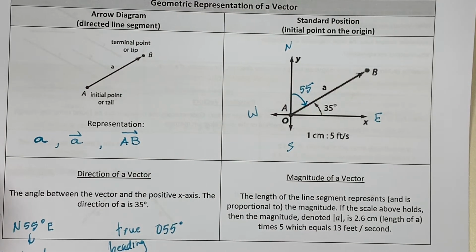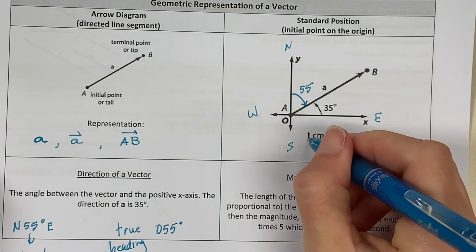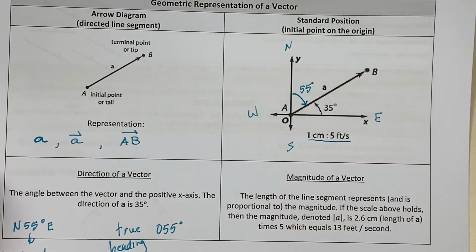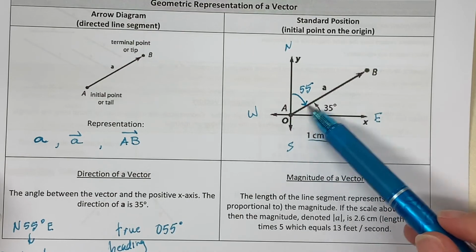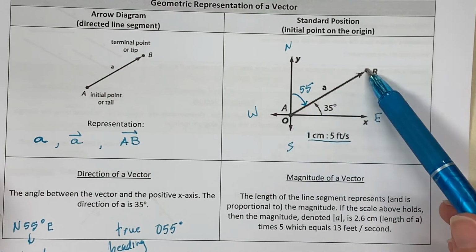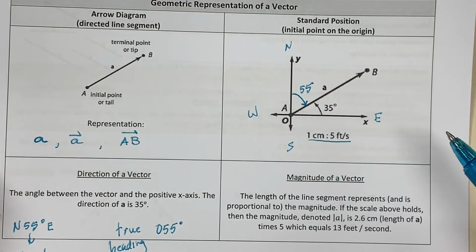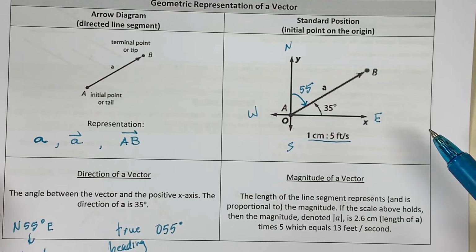Now the magnitude of a vector is the length of a vector. Notice we're given a scale, 1 centimeter is to 5 feet per second. So let's just assume that this actual vector, AB, is 2.6 centimeters.